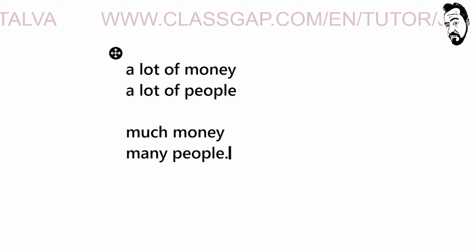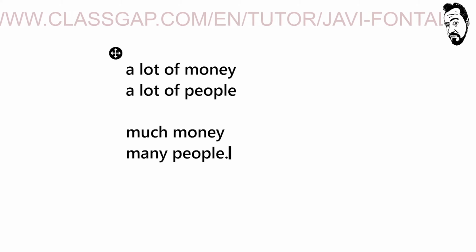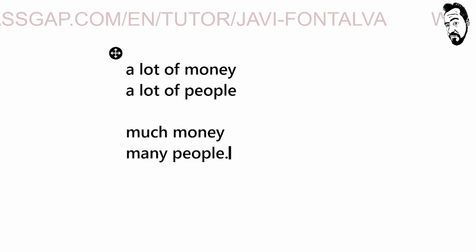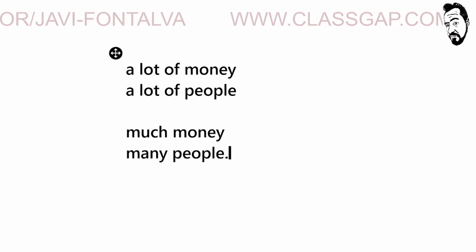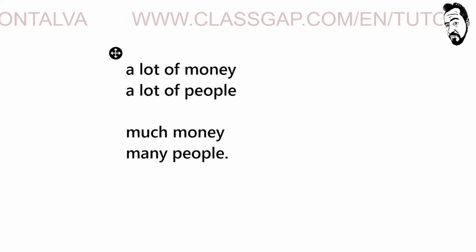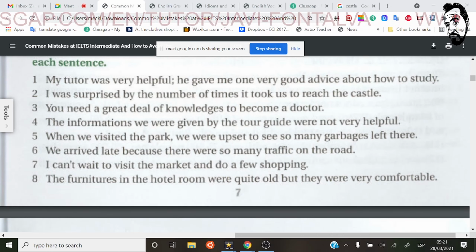But with some nouns or expressions, for example, much is only for uncountable things. So we say much time, much money, much food, much information, much furniture. But we say many people, many dogs, many tables, many chairs. Yeah? Alright, number 4.